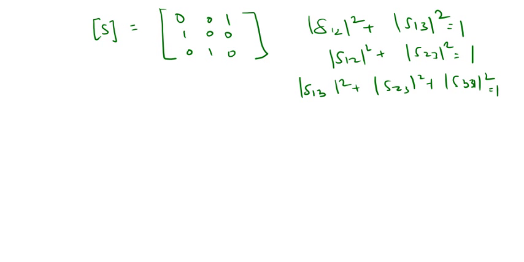Suppose the network is lossless, so all these equations are for lossless. Then you can take the condition for reciprocal and matched termination at all the ports. Now here in this case, we have considered that the network is lossless and reciprocal, but what we have not considered is matched termination at port 3.